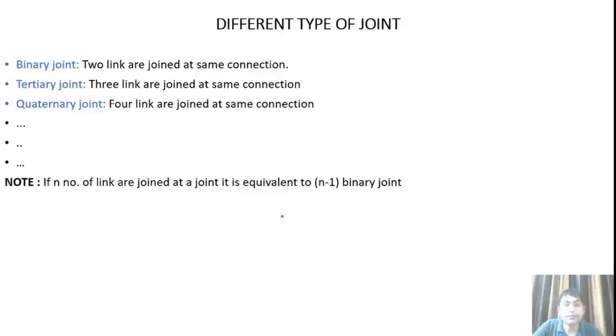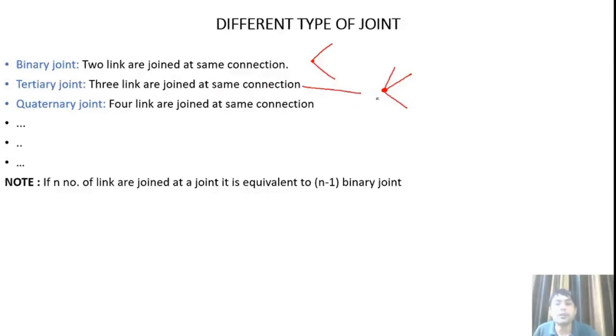Now, next, different types of joints. Binary joint: if two links are joined at the same connection, then this is a binary joint. If three links are joined, this makes a tertiary joint.